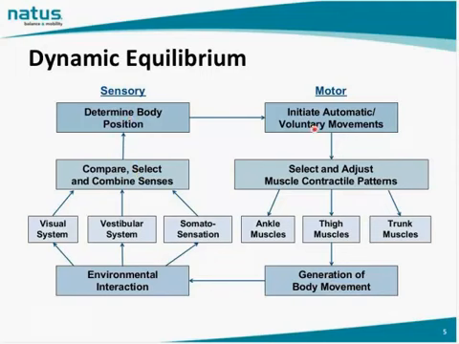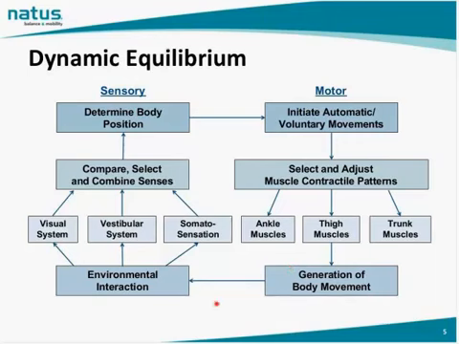On that basis, a series of motor movements are selected, either automatically or voluntarily, if it's a self-initiated movement, to set up a series of muscle contractile patterns, ankles, thighs, and trunk muscles to move the body, and the process continuously repeats.